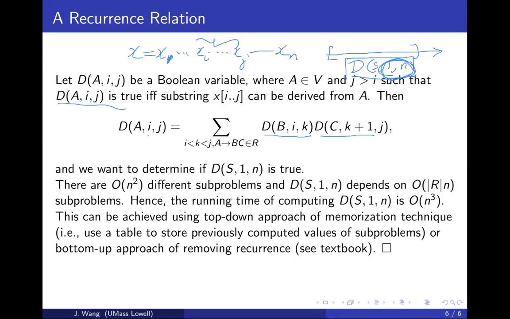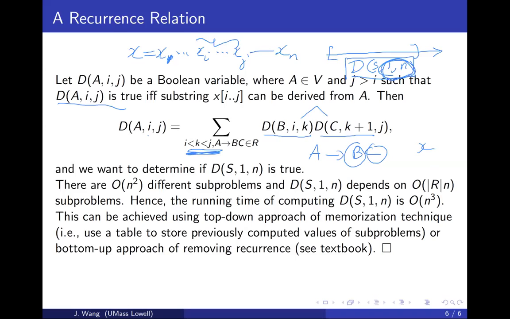For each of these rules, A arrow B C, I want to see whether my input string x can be divided into 2 parts. The first part can be derived from B, the second part can be derived from C. In this case the running time is big O of n squared, I'm sorry, not times 2 here.